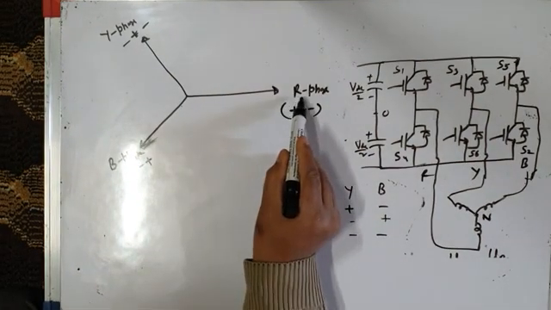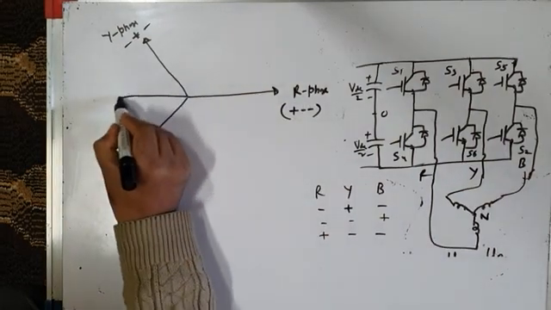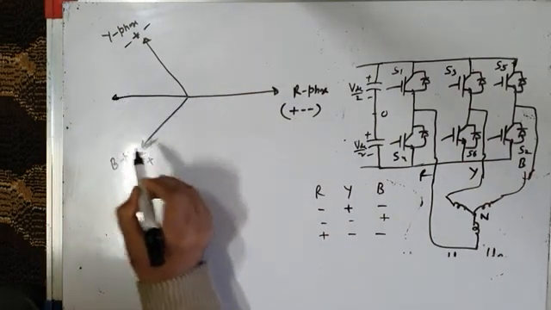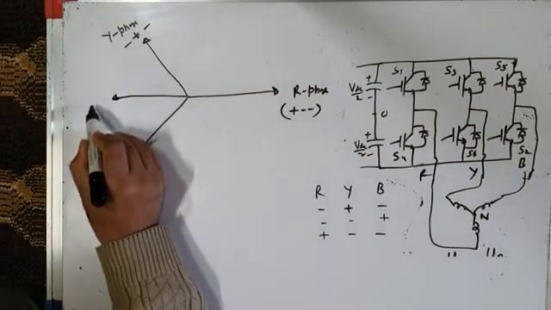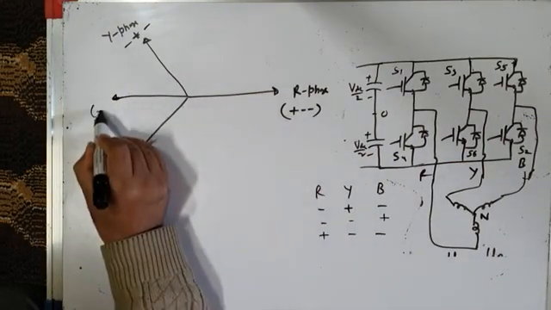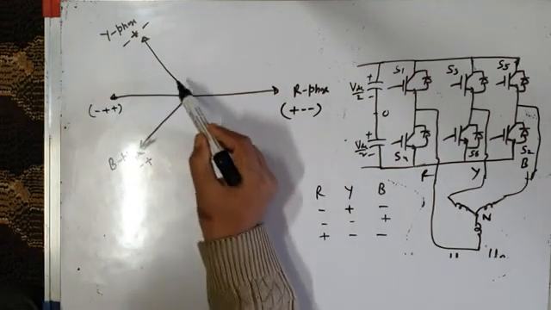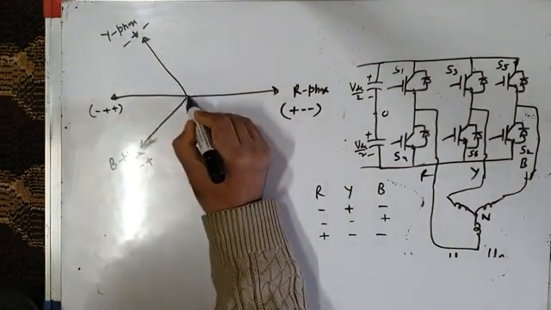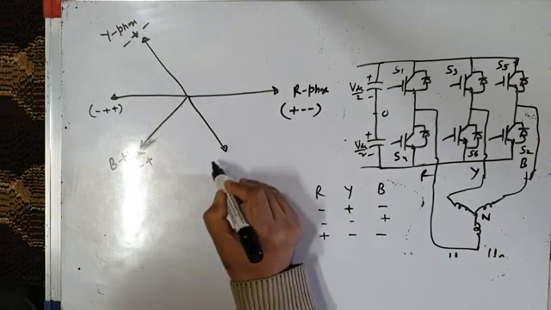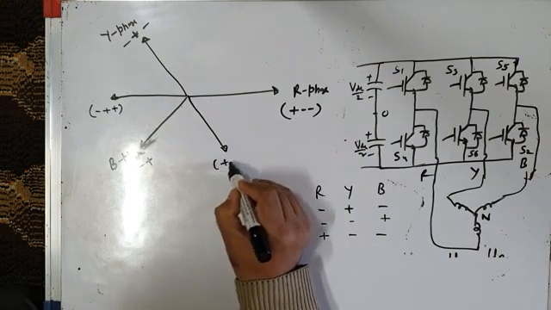So if this is R phase, what will be this? This will be the negative of this. If this is plus minus minus, what is its opposite? It will be minus plus plus. This will be the minus R phase axis. So if it is plus Y phase axis, this will be minus Y phase axis, and here it will be plus minus plus.